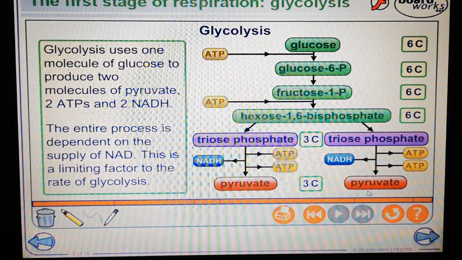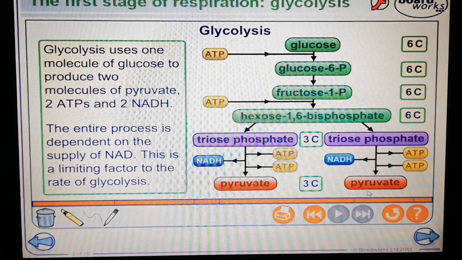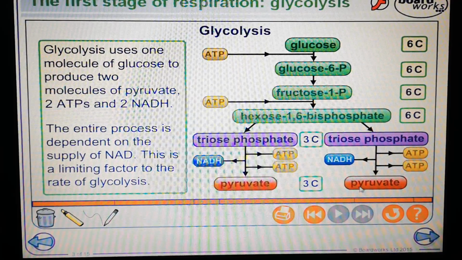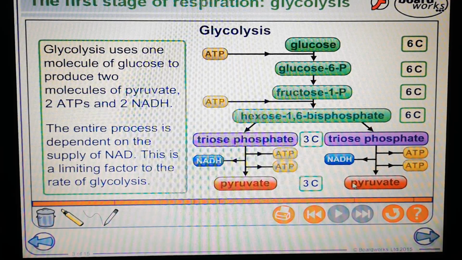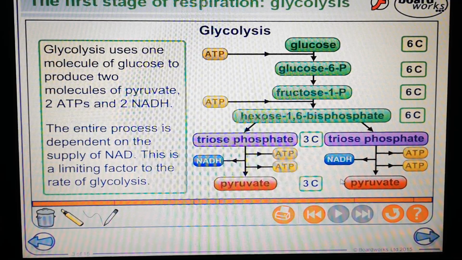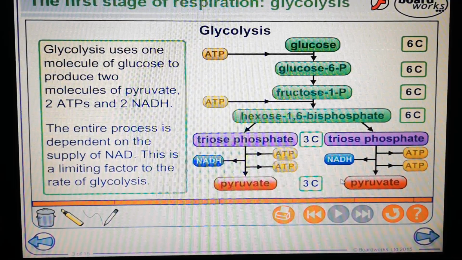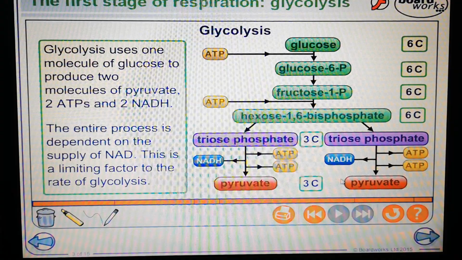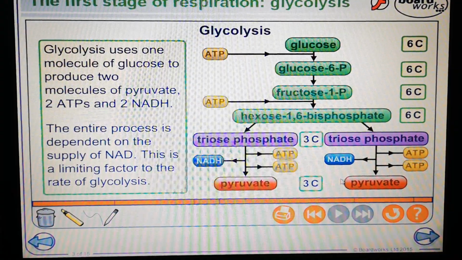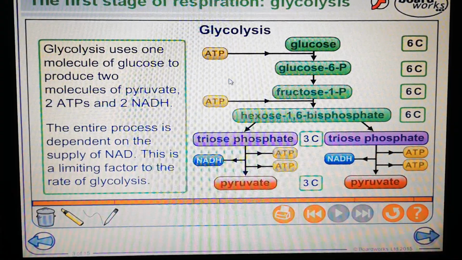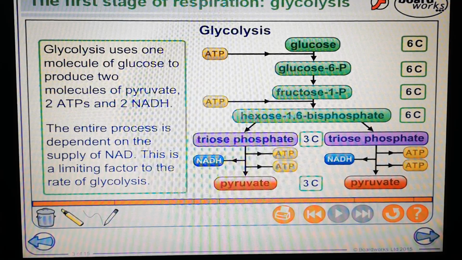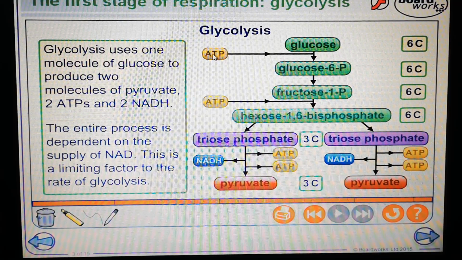So in glycolysis, we start off with glucose, and we end up with 2 molecules of pyruvate, 2 reduced NADs, and a net gain of 2 ATPs. And I'll explain what I mean by that. Up here you can see that we've put in 2 molecules of ATP to convert glucose into hexose bisphosphate.